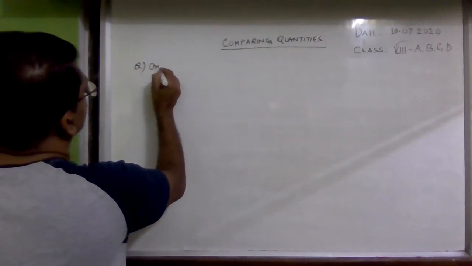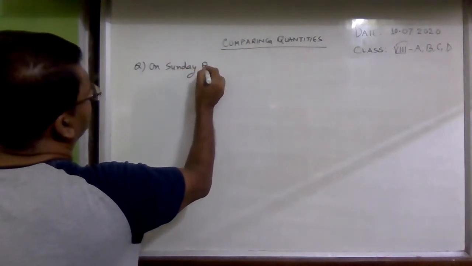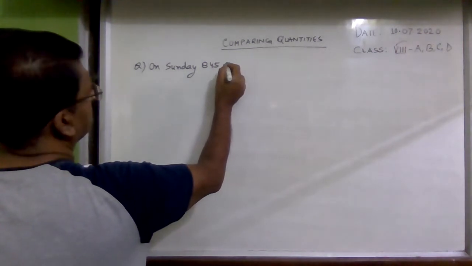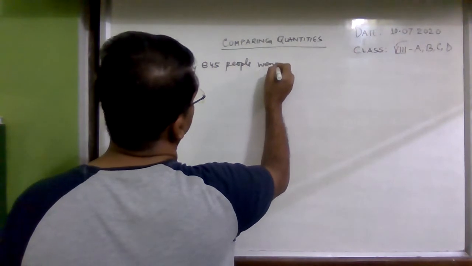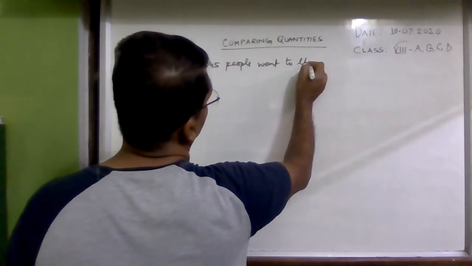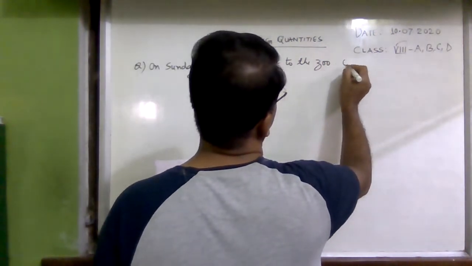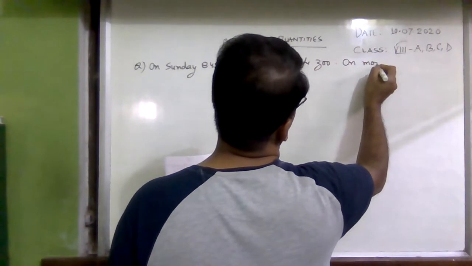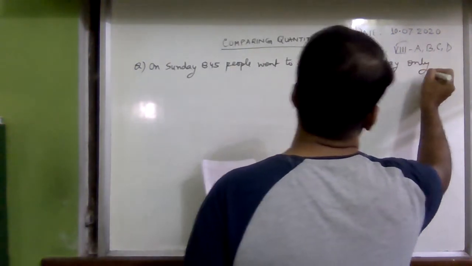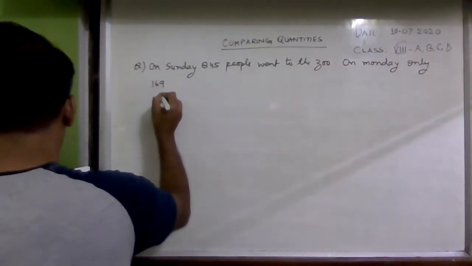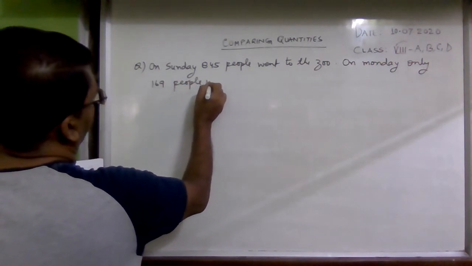On Sunday, 845 people went to the zoo. On Monday, only 169 people went.